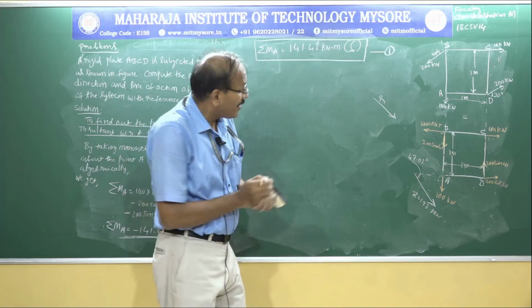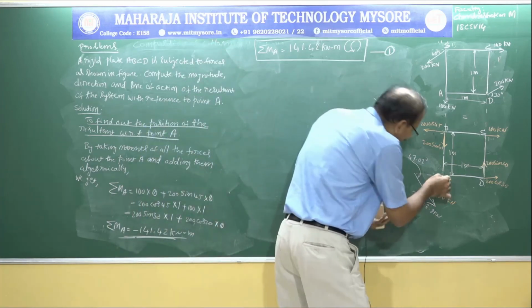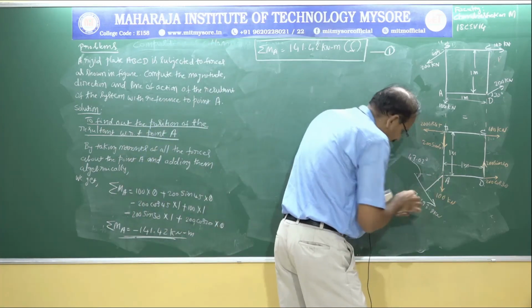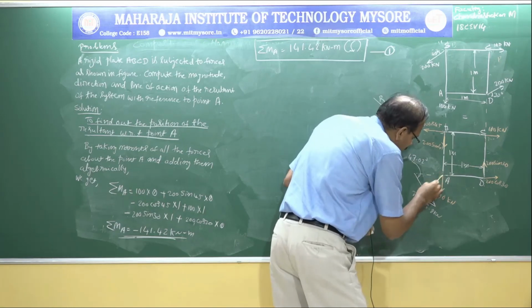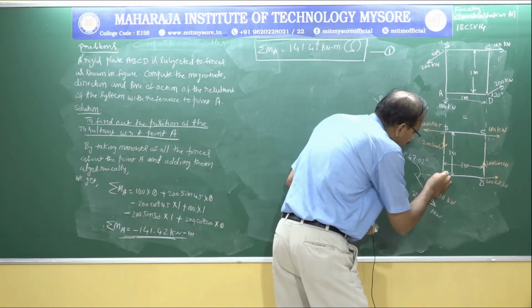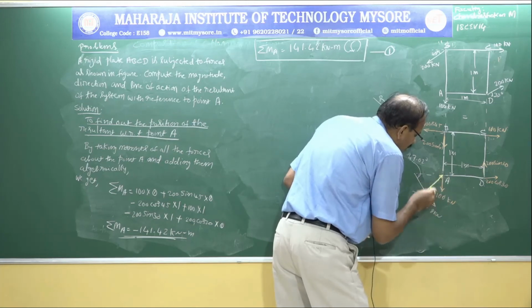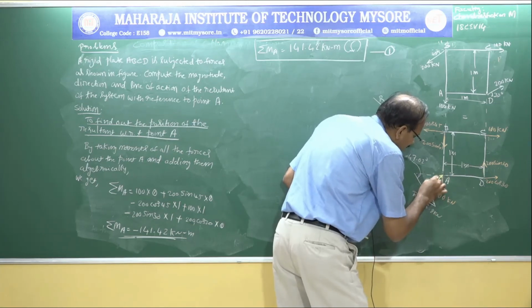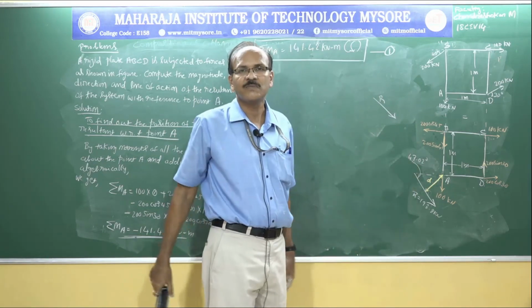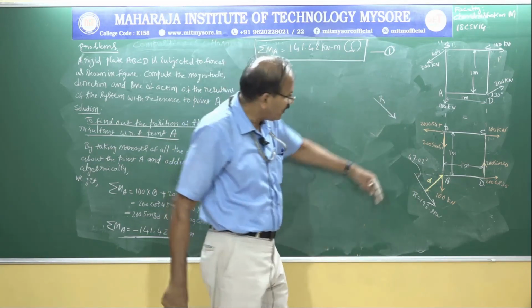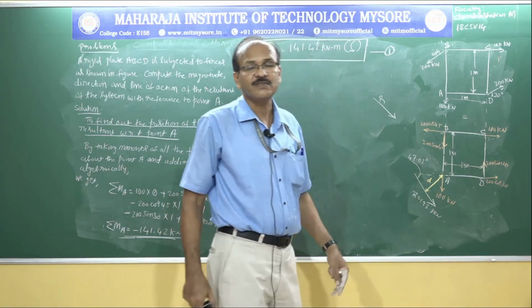But I need to know at what distance this resultant is located with respect to the point A. I am going to call this, say, distance D. I need to know what this distance is. Then only I can fix the position of the resultant.